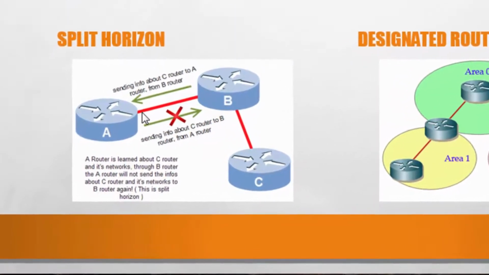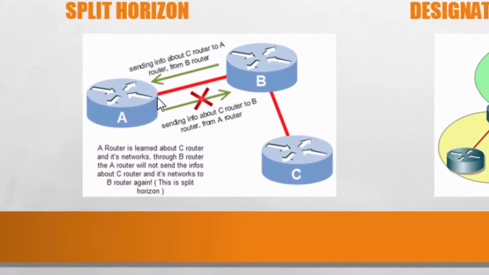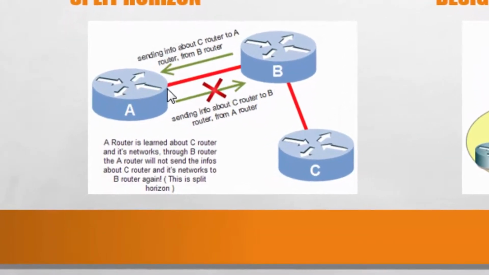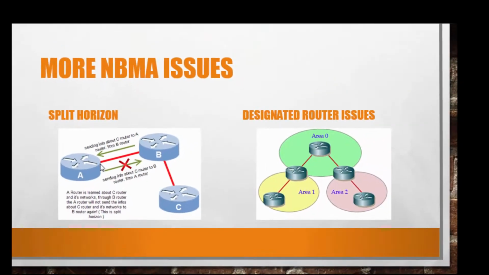Router A learns that through the interface F00 on your router, but it cannot send information back to router B about router C directly from that interface. So you're going to have some issues preventing router A from advertising very specifically to router C.